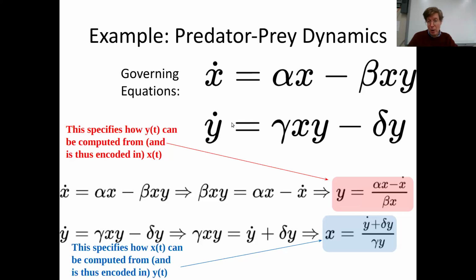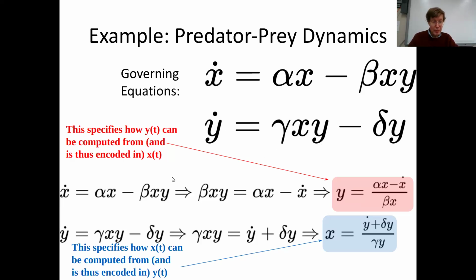And the number of new births that occur is treated as proportional to prey times predators for this reason. We need predators, but we need prey. If we don't have any predators, there'll be no births. That would be Y equals 0. If we don't have prey, but we do have lots of predators, there won't be births either. And then there's a death rate for predators independent of prey, delta here.